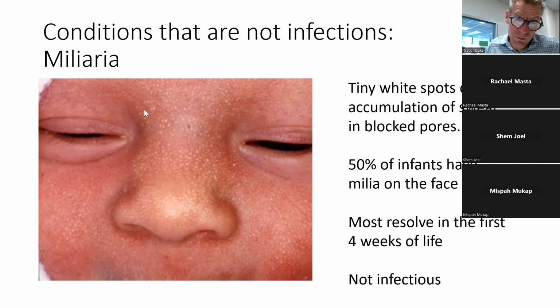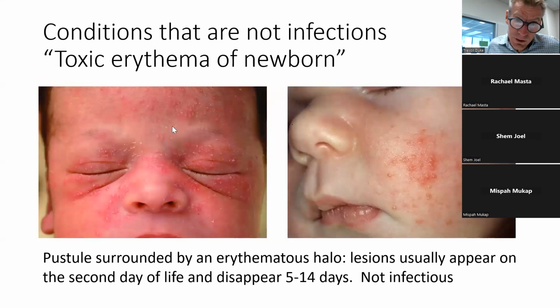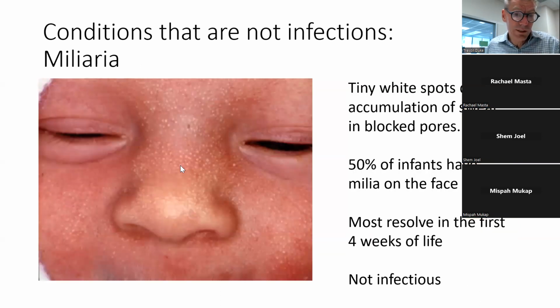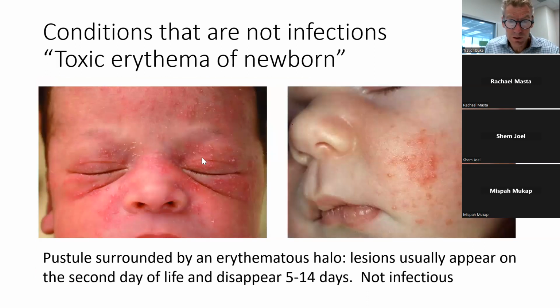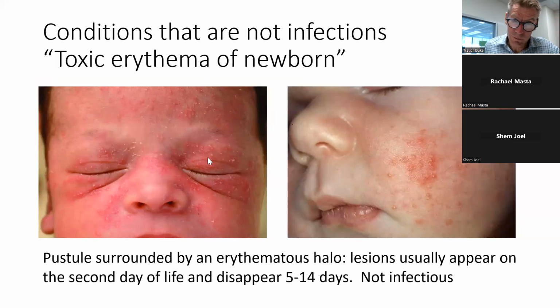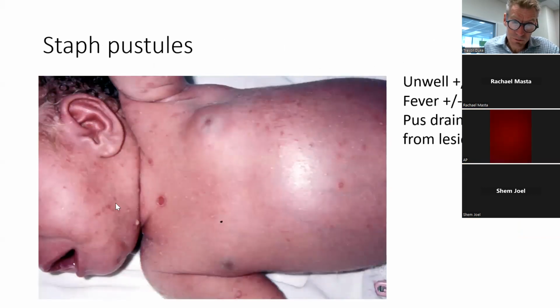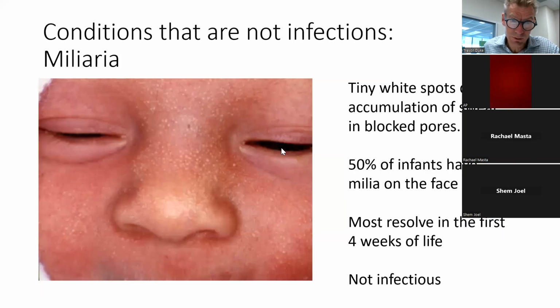This is called Miliaria, which is different in appearance to Erythema toxicum. It doesn't look as infected as Erythema toxicum does, but even Erythema toxicum is not staph skin sepsis like this, where you've got larger pustules. Right? So there is a way to make a distinction between these.